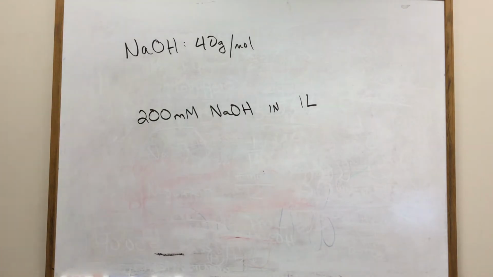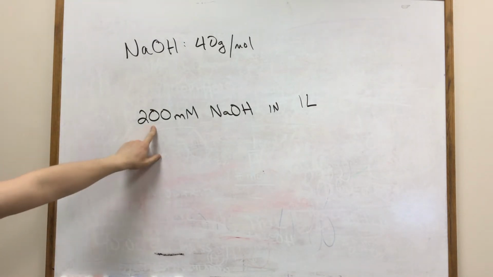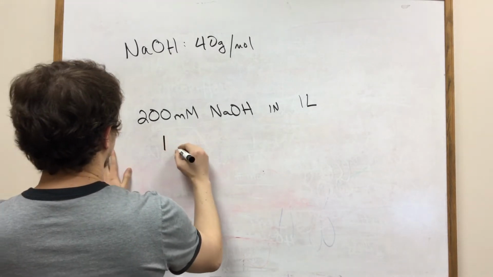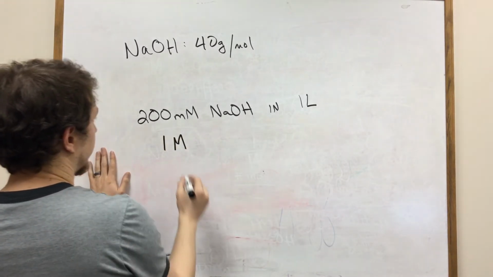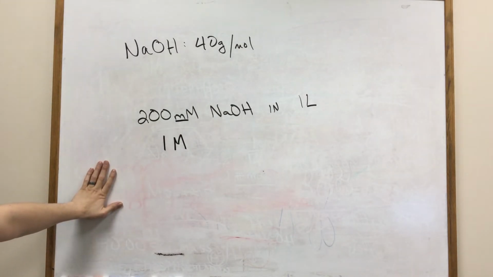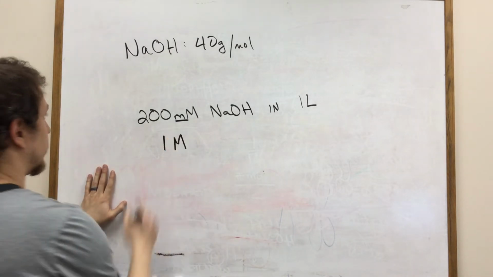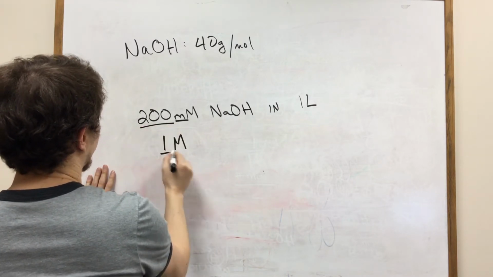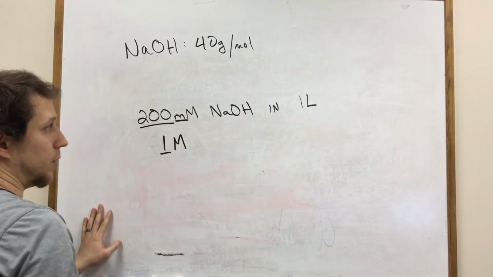Okay. So here what we're seeing is 200 millimoles comparatively to what we had before, which was a 1 molar solution. Now, millimoles mean 1/1000th of a mole, or molar. So effectively, I can rewrite this number so that I'll have the same units.